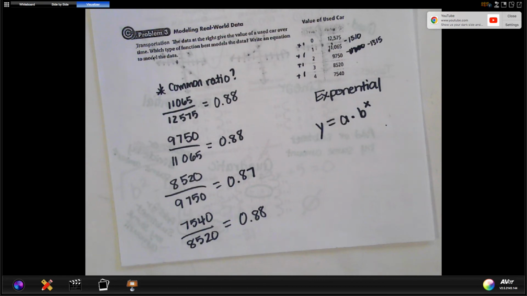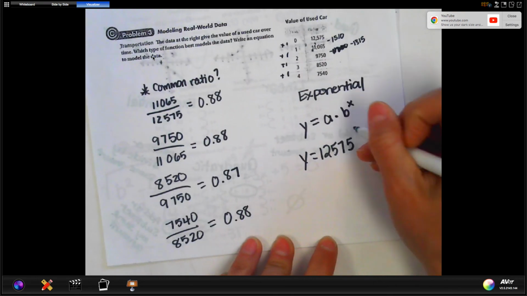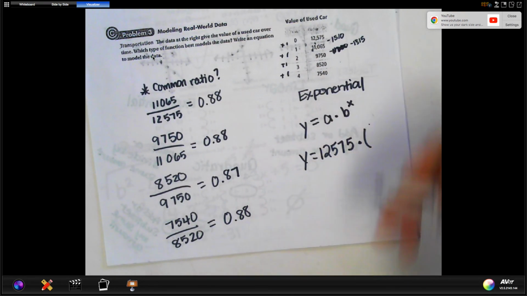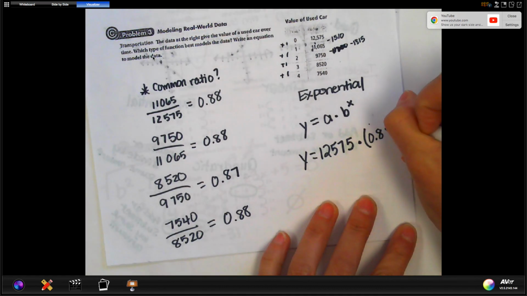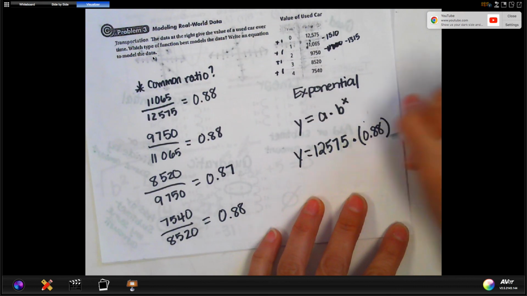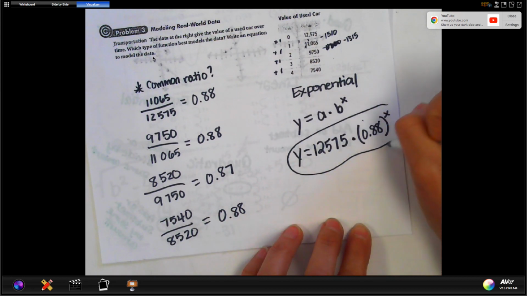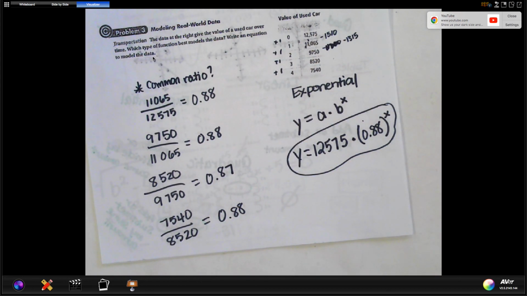So in this case, what's our initial value of our car? 12,575, and we're going to times that by, is our car appreciating or depreciating? So we're not going to put a 1 in front of this. We're going to leave it 0.88 because that was the most common. And then the x power. This is our exponential function. That is going to be our equation for that.